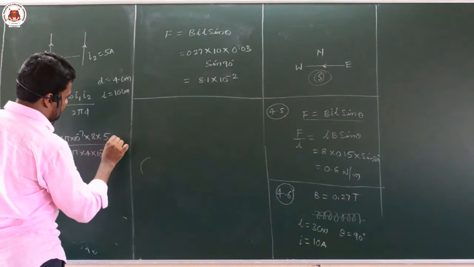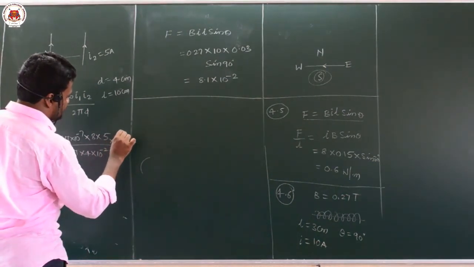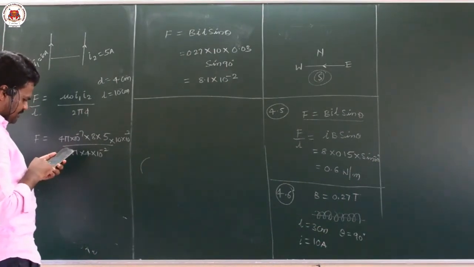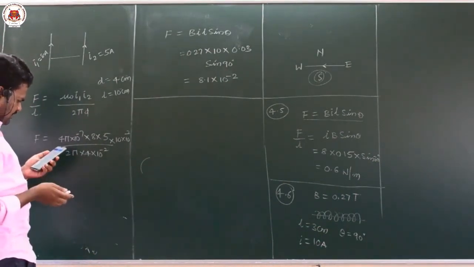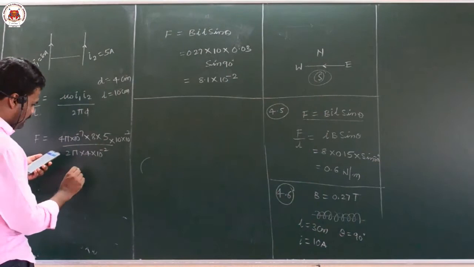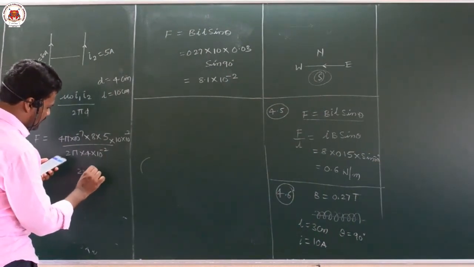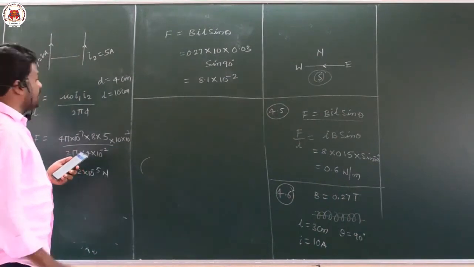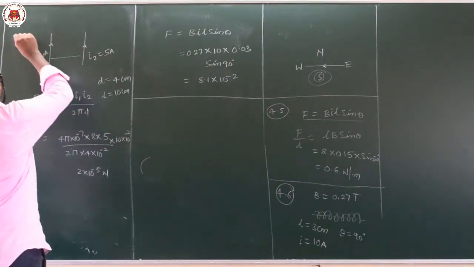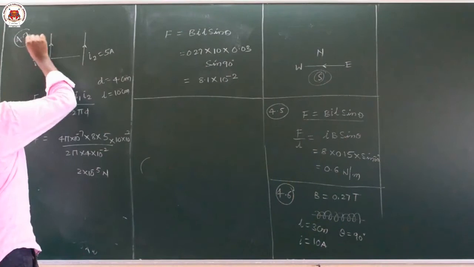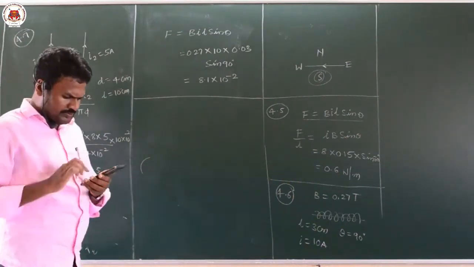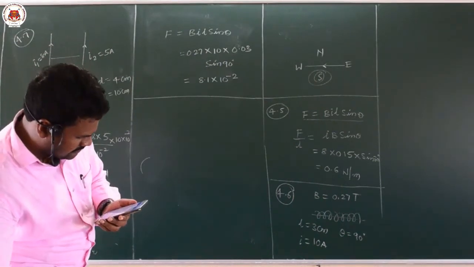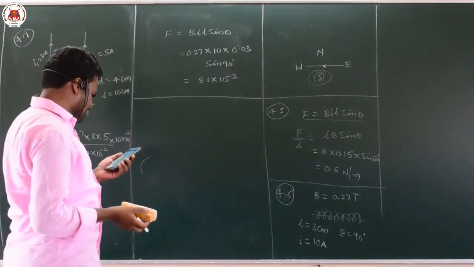Here you can write 10 into 10 power minus 2 because this is L. Then you solve this, and the answer will be 2 into 10 power minus 5 Newton. This is 4.7. Next, question number 4.8 is a closely wound solenoid 80 centimeter long.